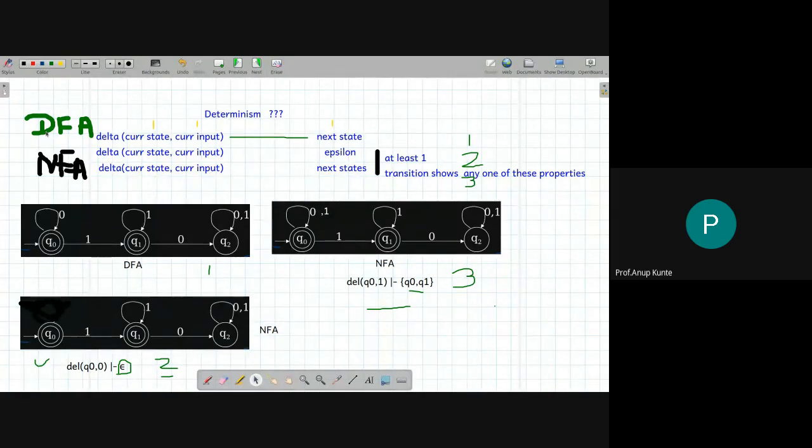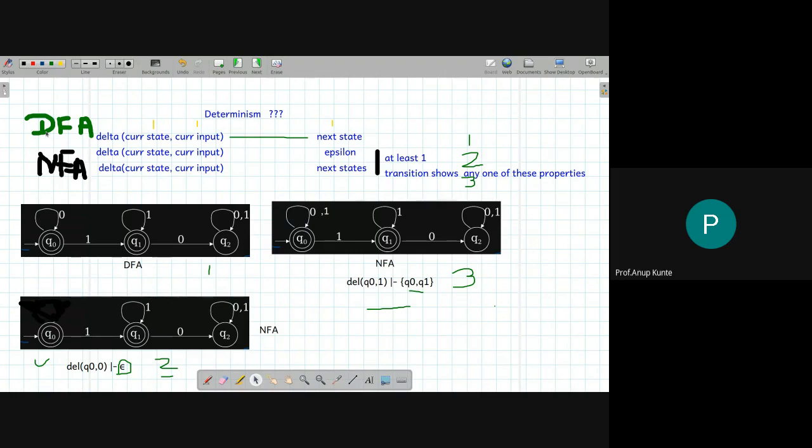So in every cell, exactly one next state must be defined for a device to be a deterministic finite automata. NFA is a relaxed version of DFA because I may not define certain transitions, or I may define multiple transitions on the same input symbol. I'm allowed to do that, and that is why we say that NFA is a more relaxed device.